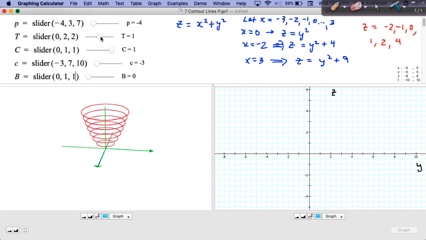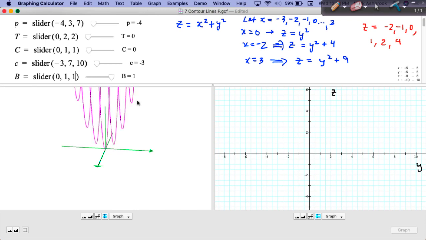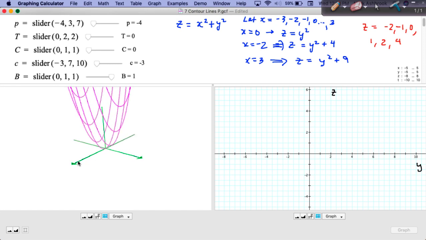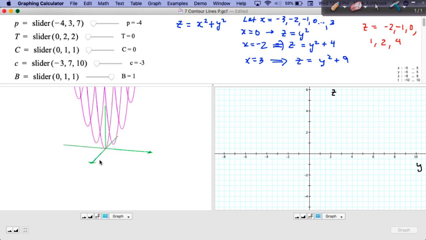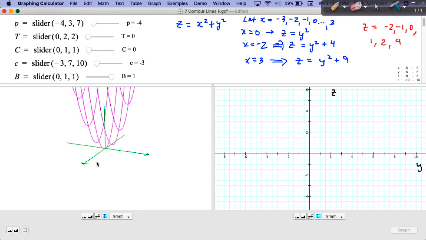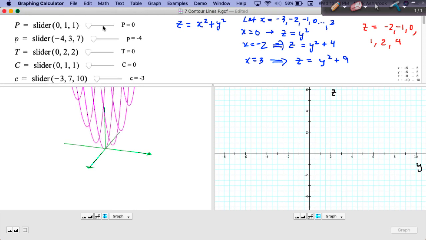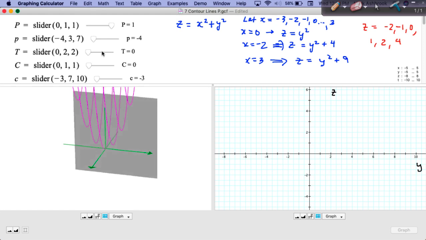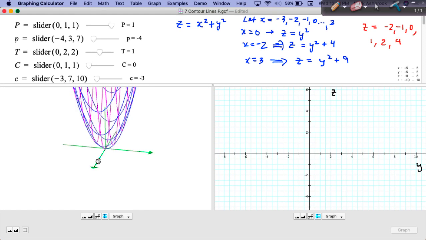I can also do the traces for constant y values. We didn't do that, but here's what those look like. Just like the ones for constant x values, but in constant y planes. So there are traces for y values, then our traces for x values, those are the first ones we did, and then the traces for constant z values.